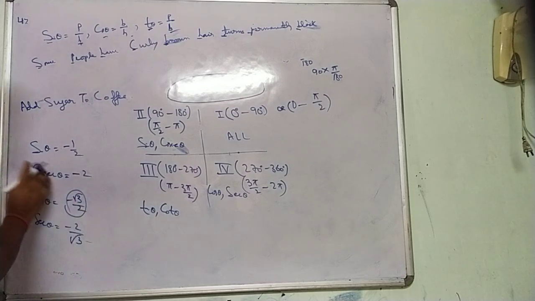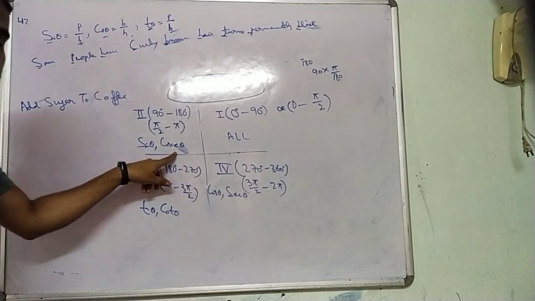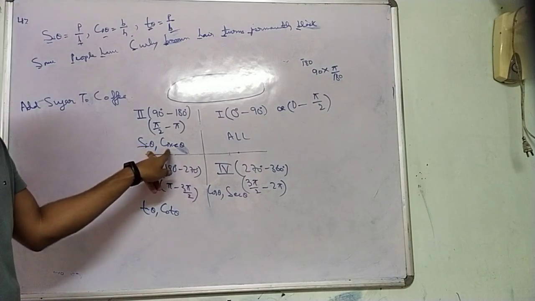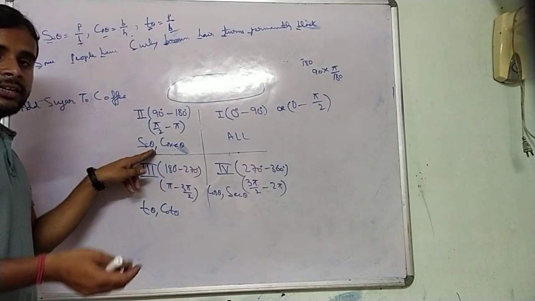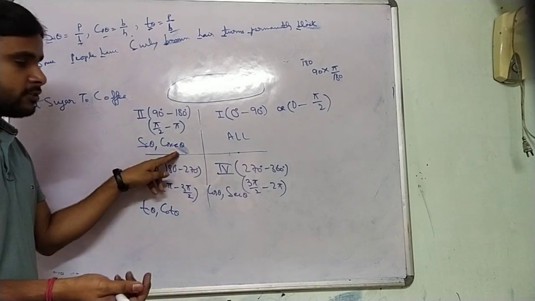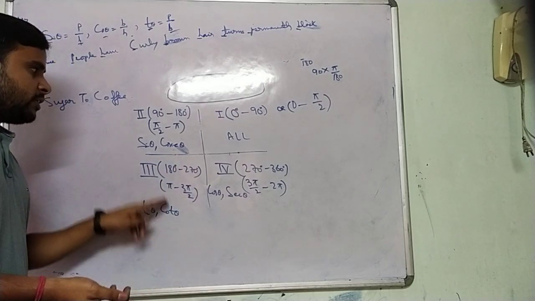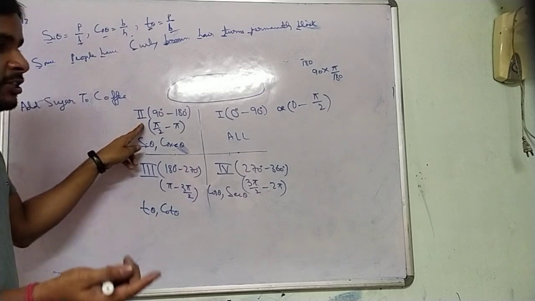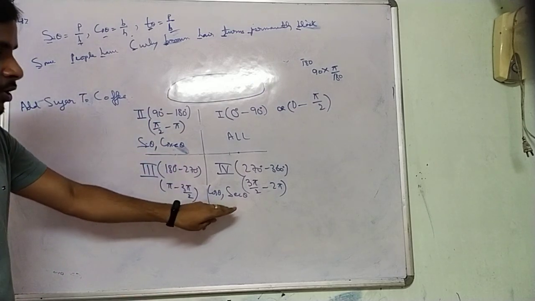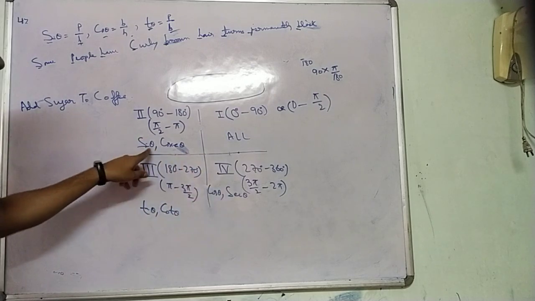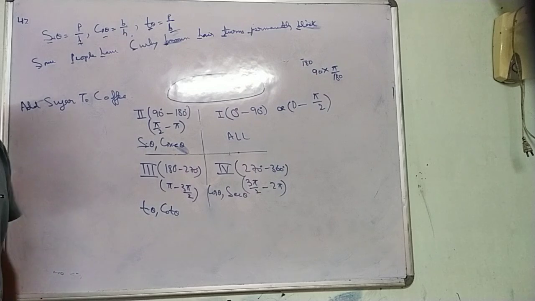So we find that in the second quadrant, sine and its reciprocal, because both the functions are related, the ratios are reciprocal. That's why in the second quadrant, if sine is positive, cosec has to be positive. In the third quadrant, if tan is positive, cot has to be positive. If in the second quadrant the value of cos function is negative, obviously the value of sec function will also be negative. Why? Because the relationship between sine cosec, tan cot, cos sec is that the ratios are reciprocal of each other.